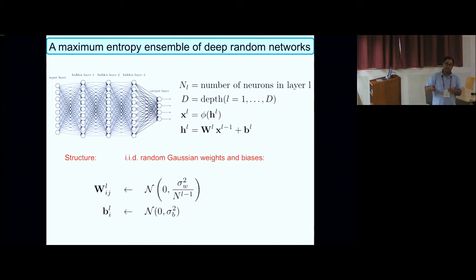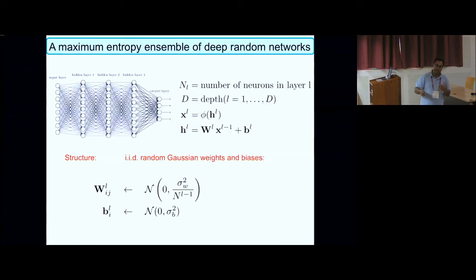Right? So the ensemble is that the weight matrices are chosen IID across layers. The matrix elements are random Gaussian, but they're not symmetric. They're random Gaussian elements, IID, with a variance sigma squared W over the number of neurons in the previous layer. And the biases are also of this form.